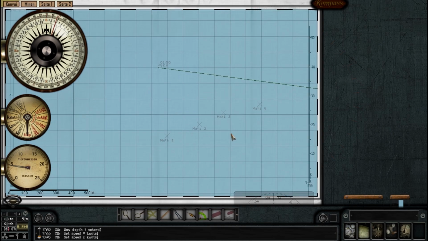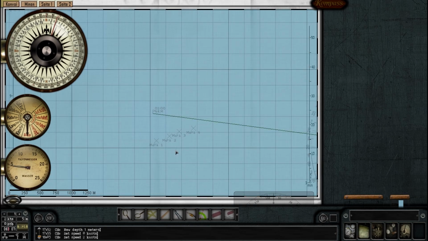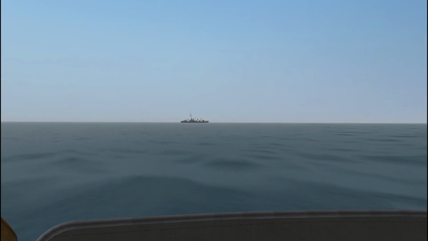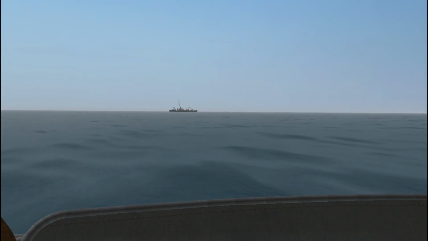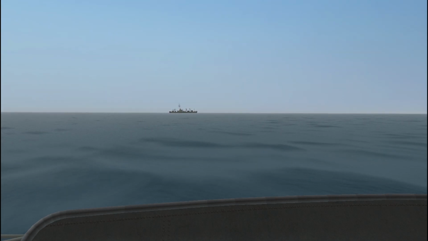So even if we did miss our timing with the clock just a little bit, ultimately it doesn't make any difference at all. Because 1, we were able to set a perfect parallel course with the target, and 2, we were able to accurately calculate his speed so that we can match it and keep observing him.